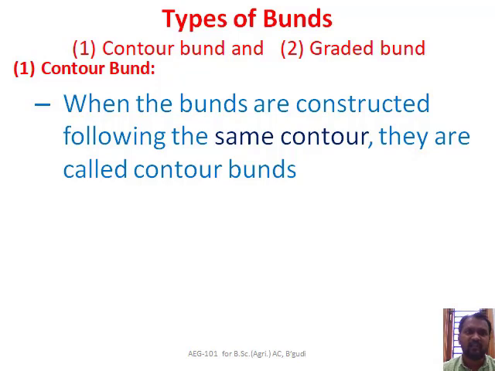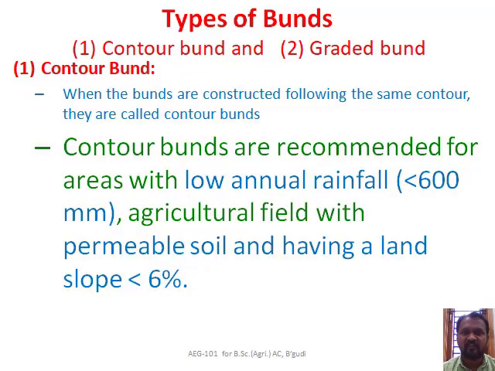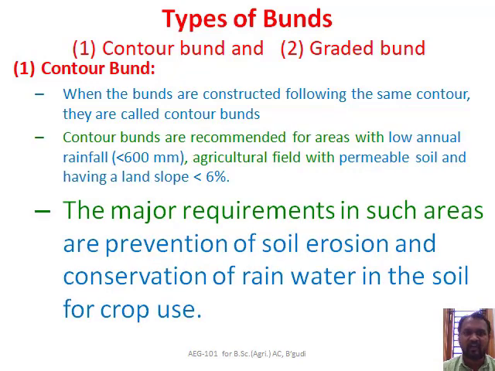What is meant by contour bund? Contour bunds are the bunds which are constructed on the same contour. This type of bunds is recommended for areas with low rainfall, less than 600 mm, agriculture fields with permeable soil, and a land slope less than 6%. These contour bunds are used in such areas for prevention of soil erosion and conservation of rainwater in the soil for crop use.